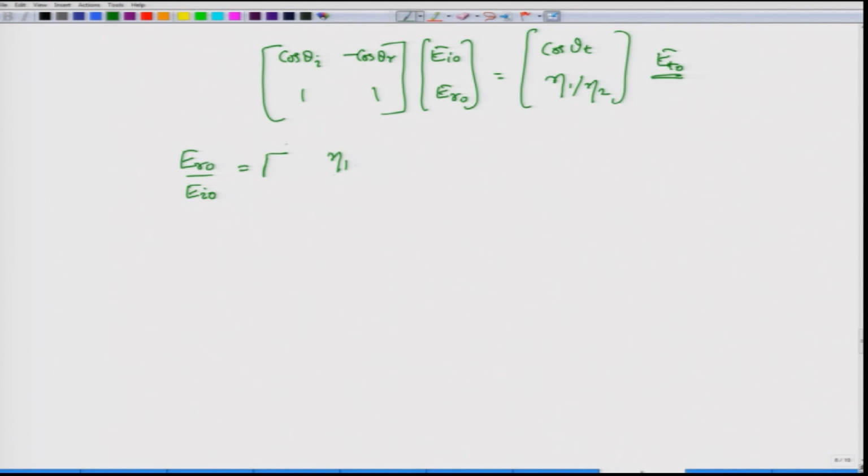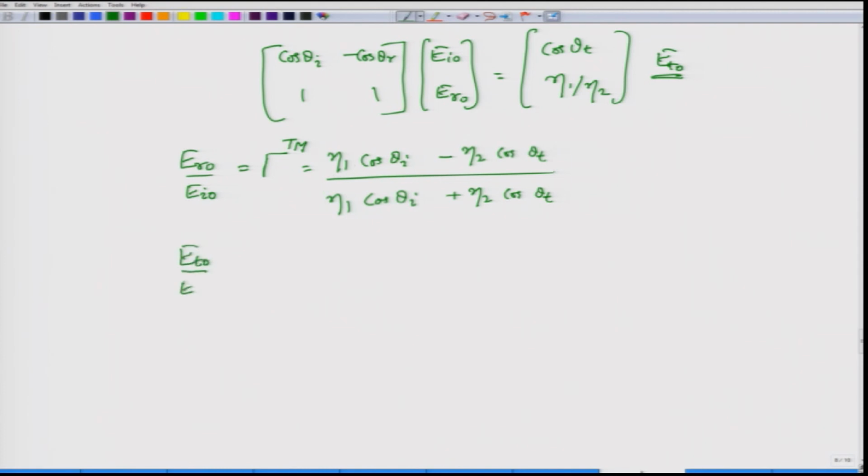Gamma denotes the reflection coefficient, and since this is the TM case, we have denoted gamma with a TM superscript. This is for the transverse magnetic case, and this will be equal to eta 1 cos theta I minus eta 2 cos theta t divided by eta 1 cos theta I plus eta 2 cos theta t.